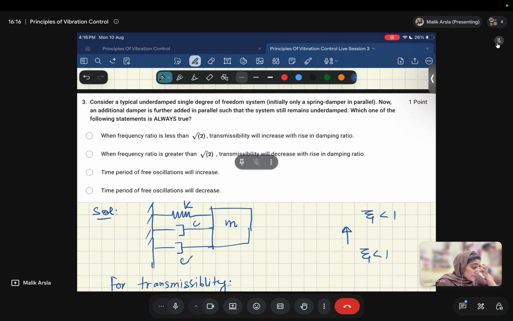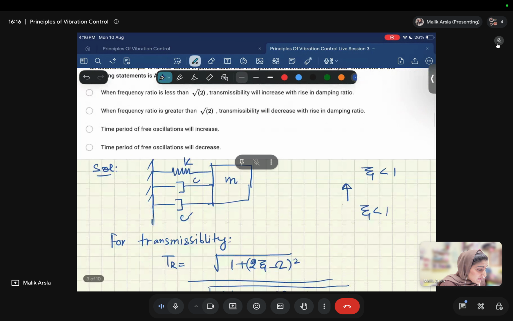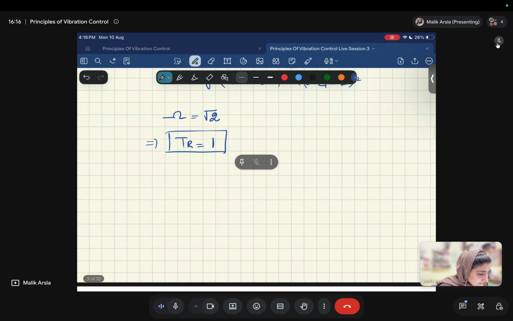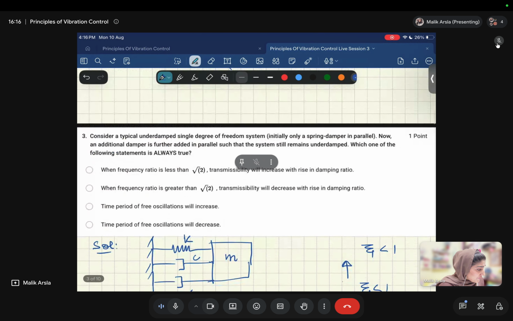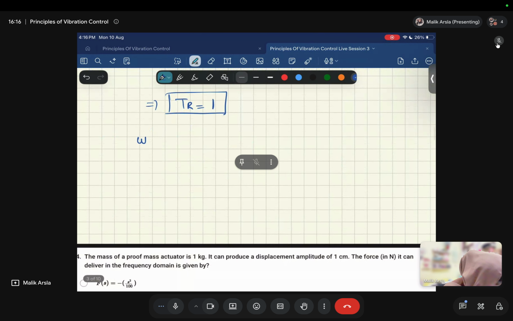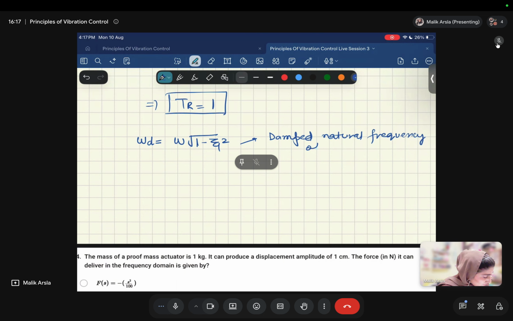Now coming to options 3 and 4, whether the time period of free oscillation will increase or decrease. We know that for an underdamped system, the damped natural frequency is omega into under root of 1 minus zeta square.